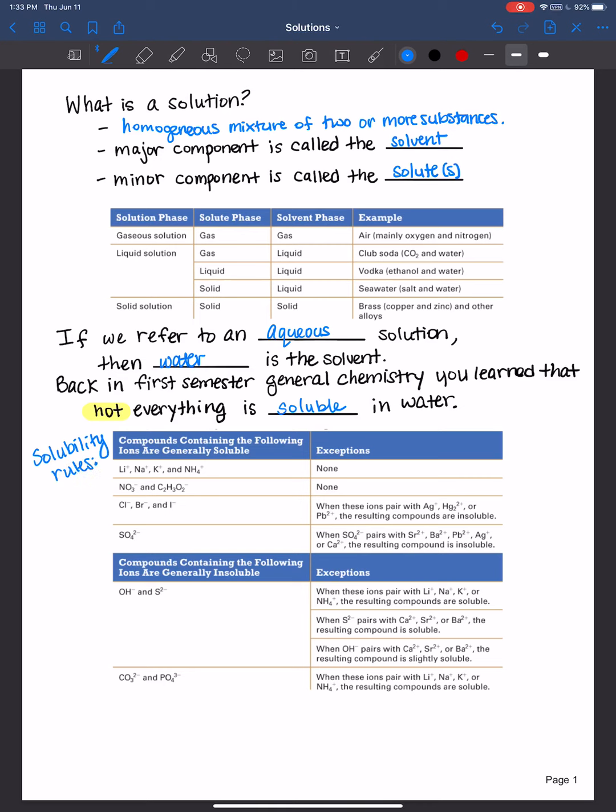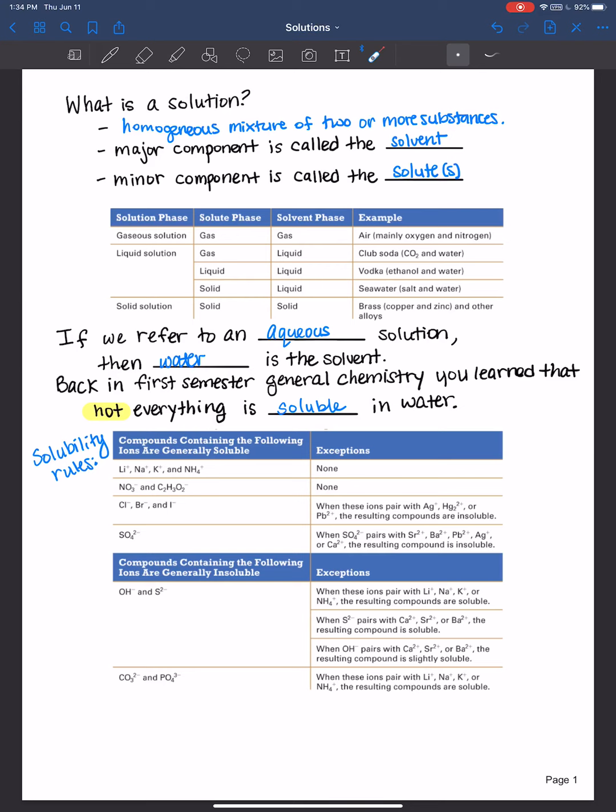It's really important that you review these rules and become familiar with them again, because they will be useful for problems in this chapter and future chapters as well. It's always important to understand solubility, and for those of my students who plan to take organic chemistry, you will review solubility again in the context of organic molecules, but it's just important that we keep practicing that.